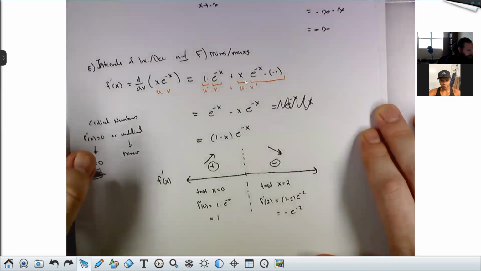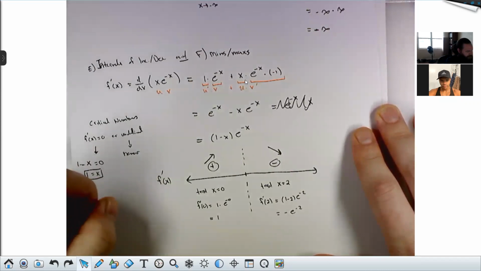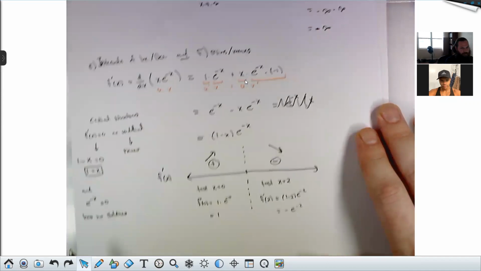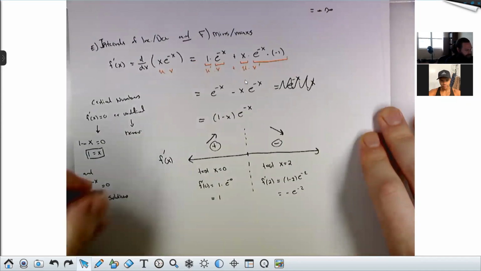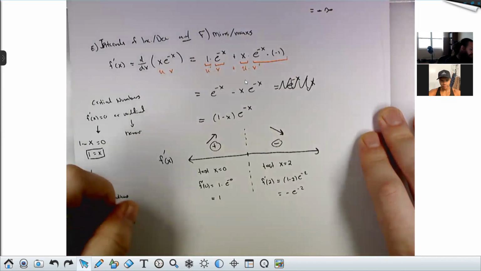If we try to solve e to the negative x equals 0, this has no solutions. If you were to take natural logs on both sides, you would get negative x equals ln of 0, which would mean x is negative ln of 0, but this does not exist.